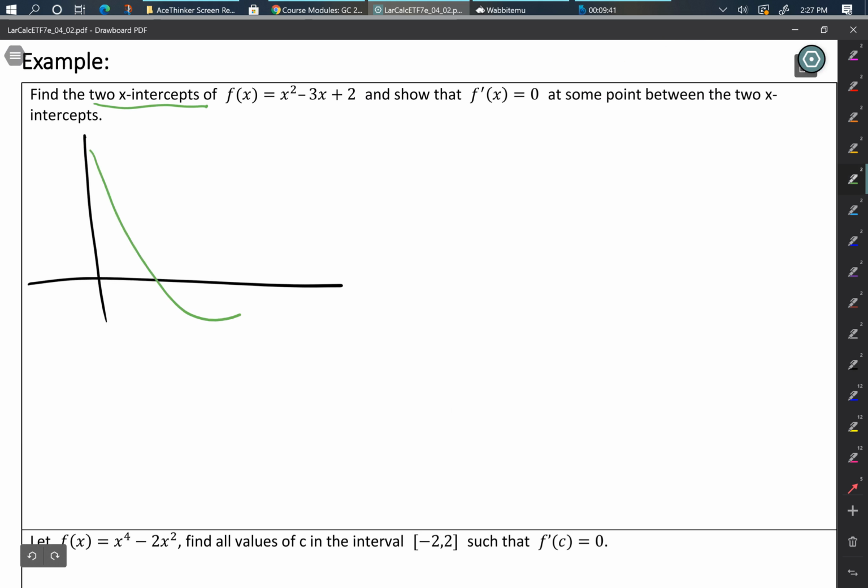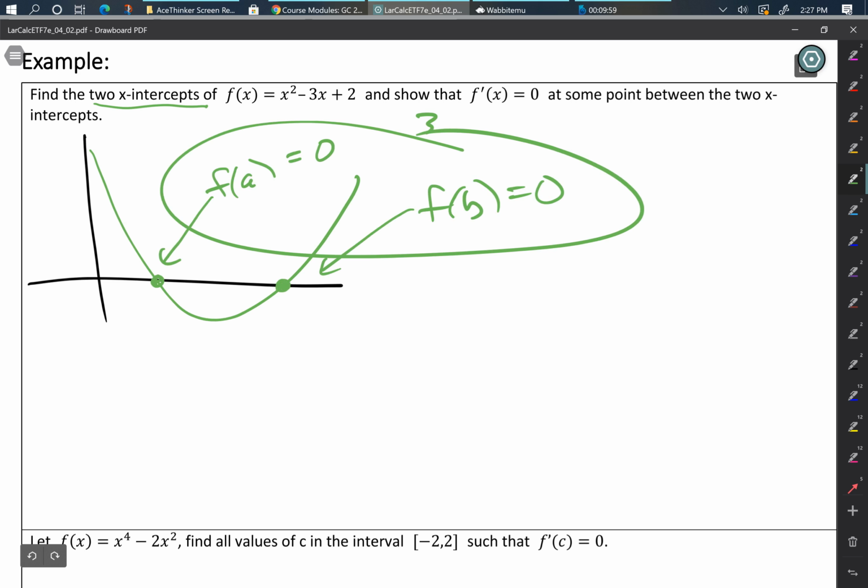If a function has two x-intercepts, that means it's going to have two values, f of a and f of b, where both are equal to 0. So that's the third requirement of Rolle's theorem. The first two are that the function is continuous and differentiable. If all three of those are true, then at some point between those two intercepts, you're going to get that horizontal tangent.